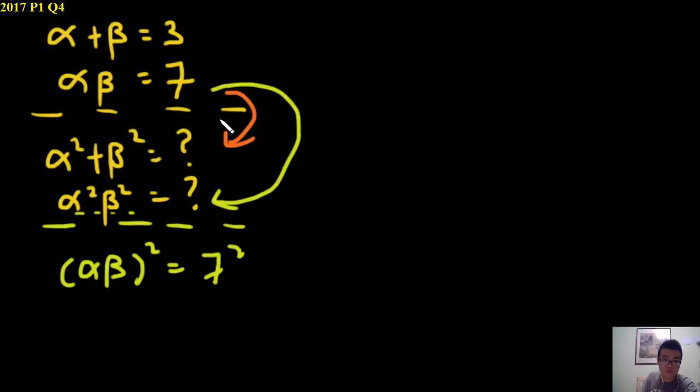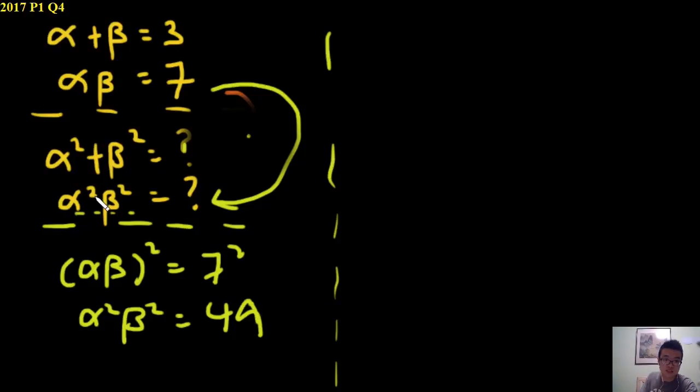The product is much easier to do because you just need to square it. So 7 square, you square this and square this, you can get alpha square beta square equals 49.